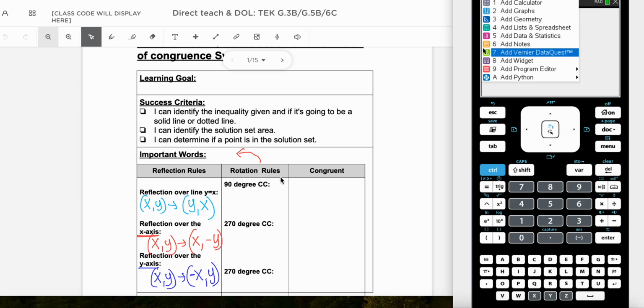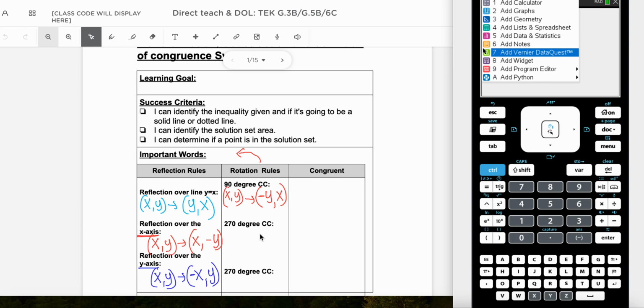If you have a point (x, y) and you rotate it 90 degrees counterclockwise, the coordinates are going to switch position, and then you change the sign of the first. So all I did was switch, so I have now (y, x), and then I changed the sign of the first one, which in this case will be the y.